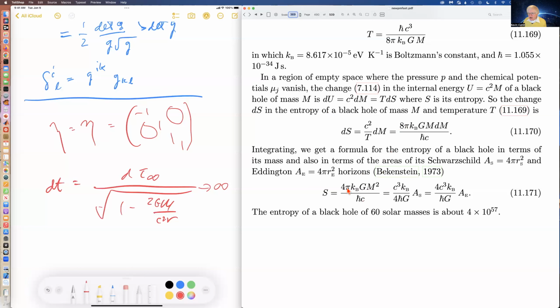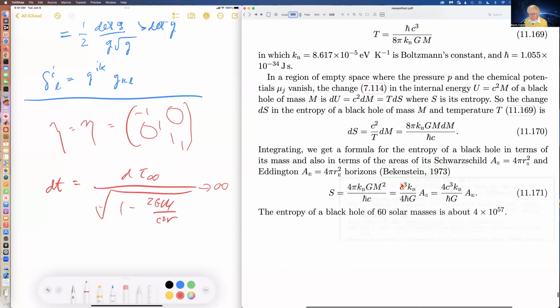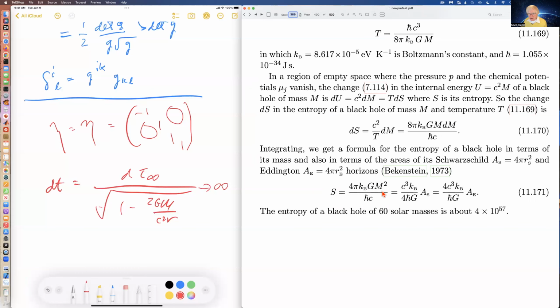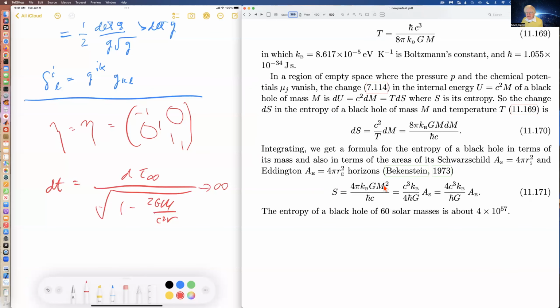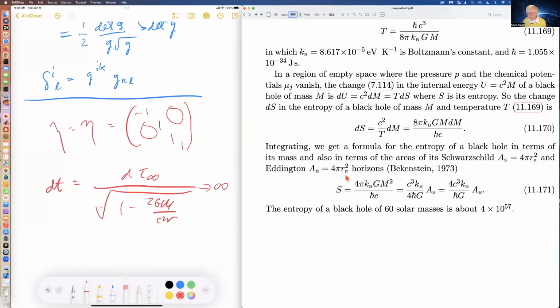So what you get is that the entropy of a black hole then is proportional to the squared mass, and the squared mass actually is related to the area. And so you get that basically the entropy is the area of the black hole.